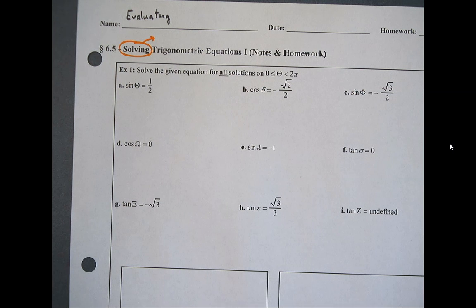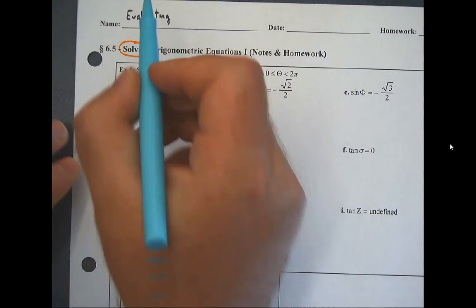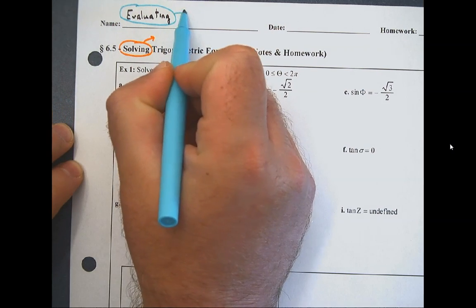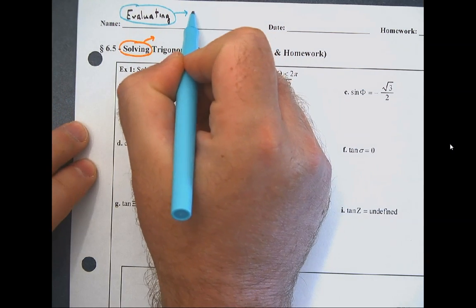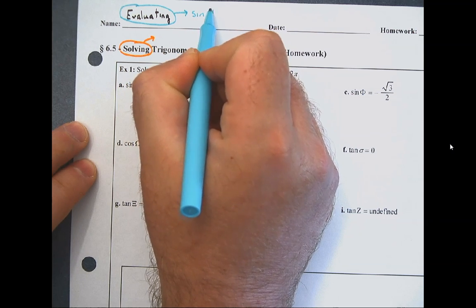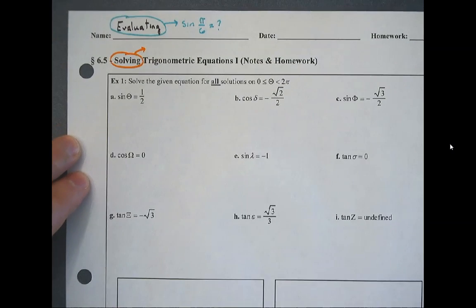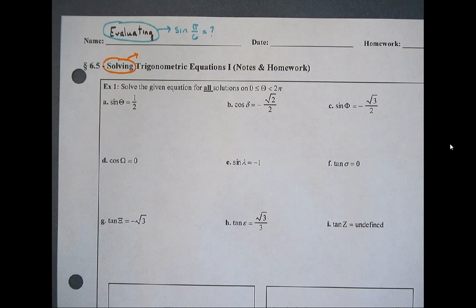When I'm evaluating something that's trigonometric, evaluating looks something like sine of pi over 6, okay? That's what we're trying to find, sine of pi over 6. So what do I have and what do I want?